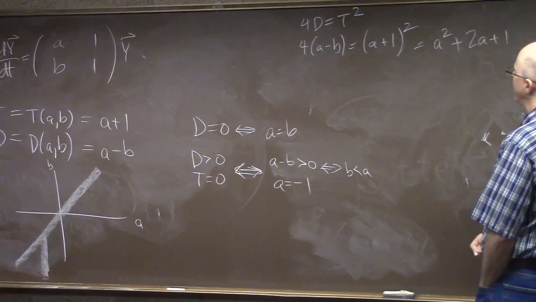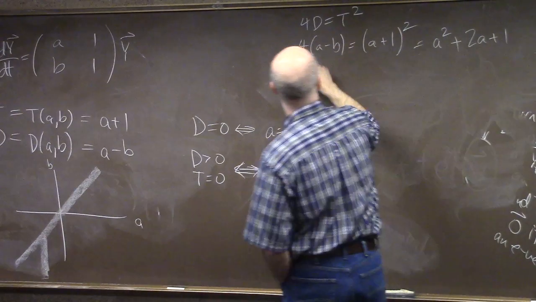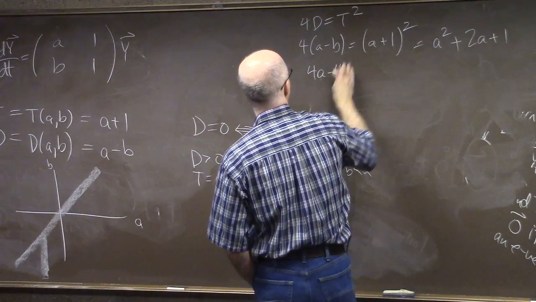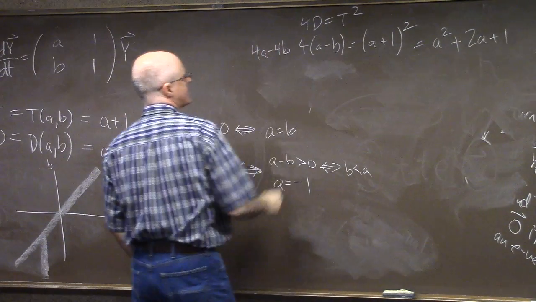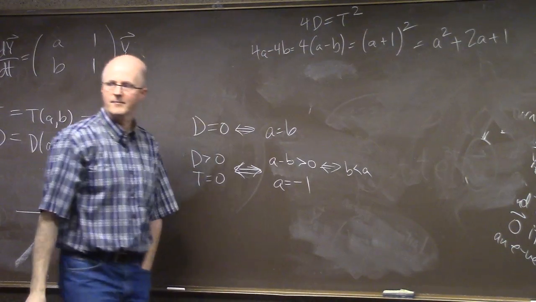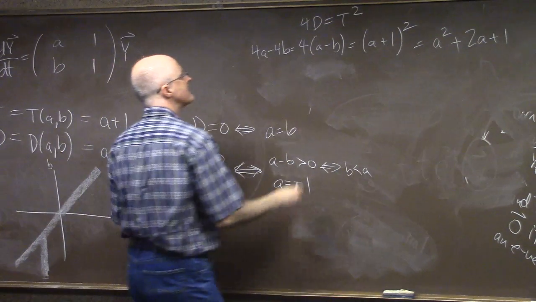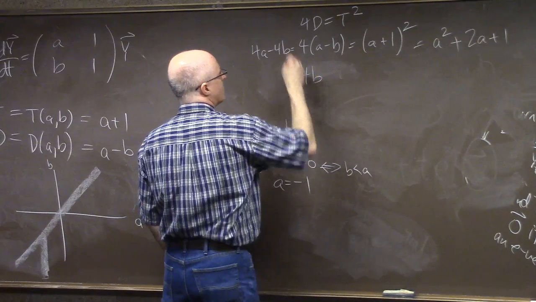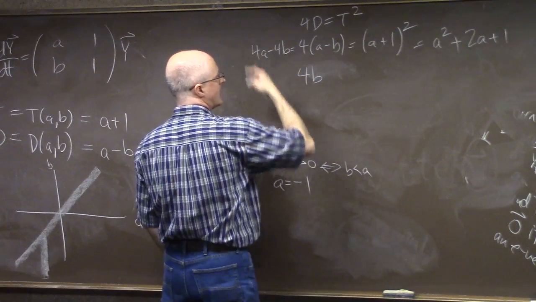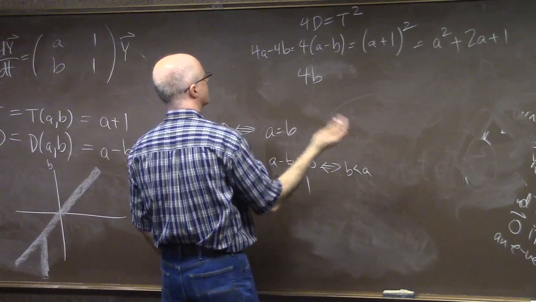Might be nice to simplify this a bit. Maybe solve for B as a function of A. Put the 4B on the other side, bring everything else over to the left side, and then switch the sides.